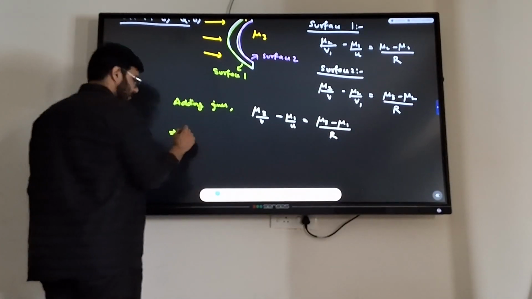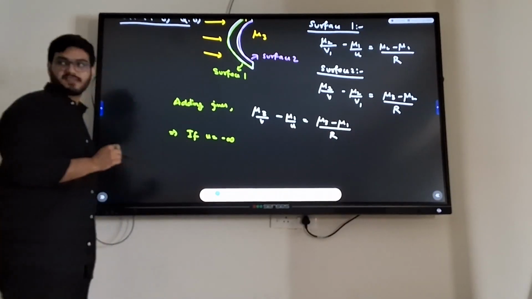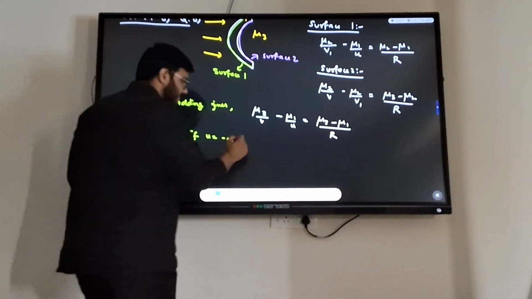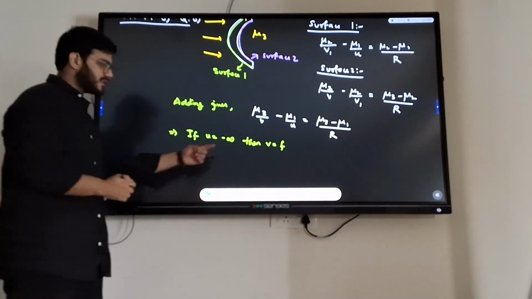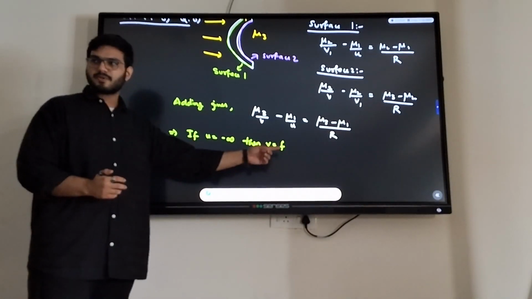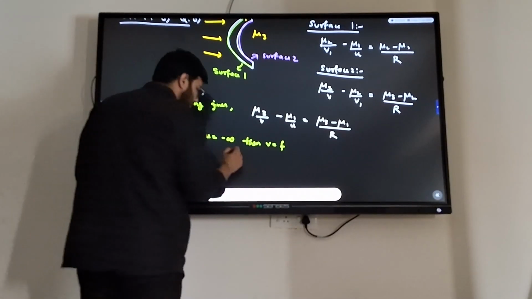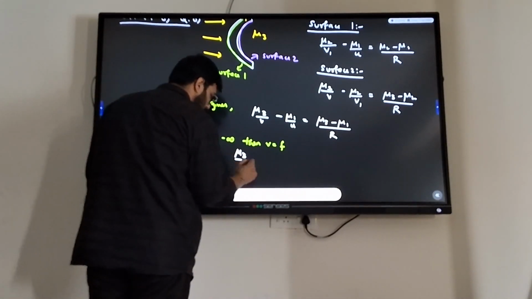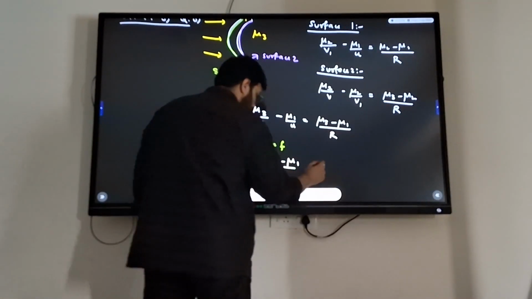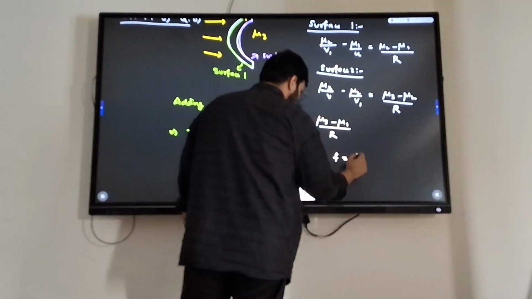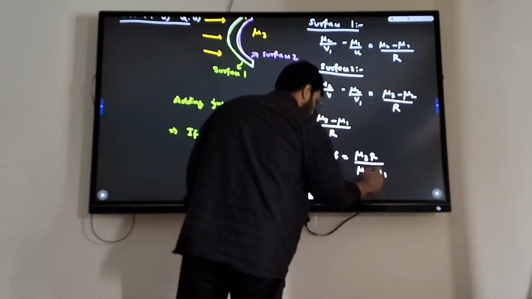And the condition is if U equal to minus infinity actually, to be more precise, then V will be F, to be more precise F2. And what do you get then? F is equal to mu3 R over mu3 minus mu1.